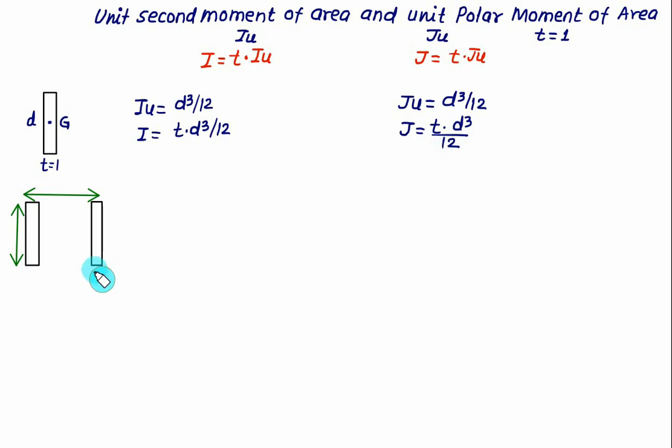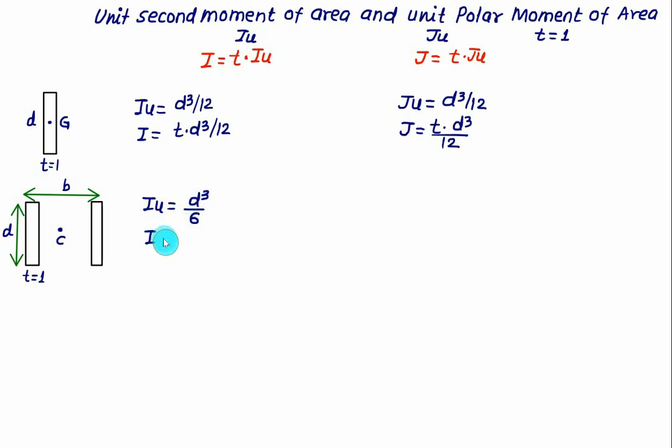Then we considered two parallel welds having the length of weld equal to d and the throat thickness equal to t. In the table you will get t equal to 1, and b is the distance. By symmetry you can locate the centroid somewhere here, at b by 2 and d by 2, that you know. In the table you will get the value of Iu equal to d cube divided by 6.